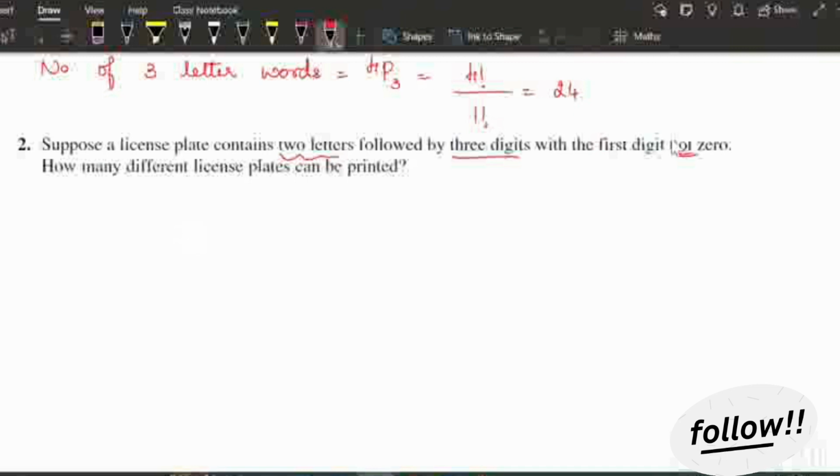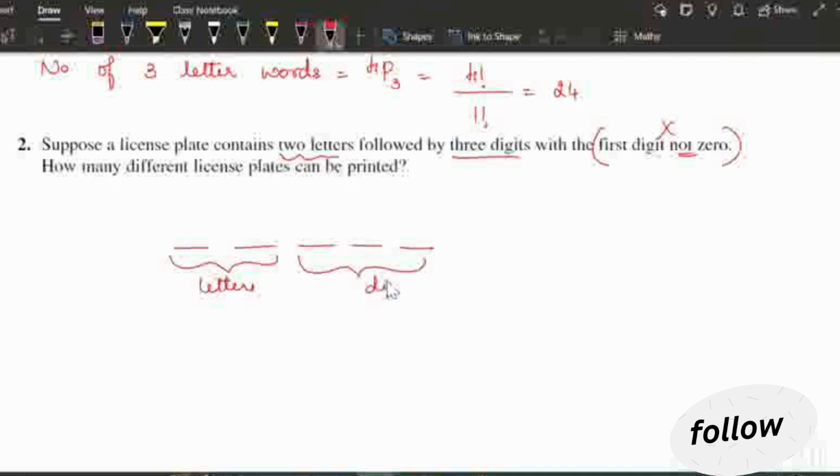Now here, let us not consider this first digit not 0 thing. If this particular restriction is not given, then the license plate will contain 5 characters. Out of this, these two are letters and these three are digits, right?